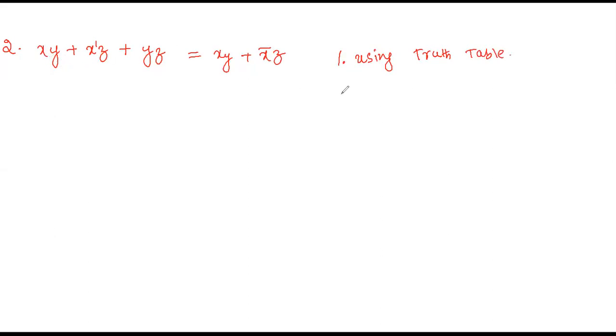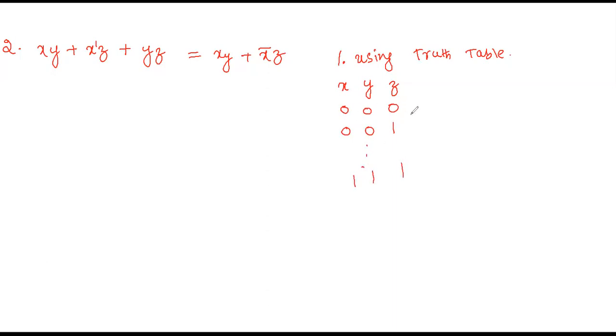X, Y, Z. So take X, Y, Z and write down the possible combinations with three variables. We can write the combinations from 0, 0, 0 to 1, 1, 1. We can write 8 combinations.